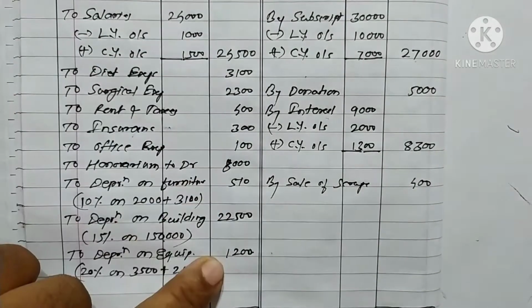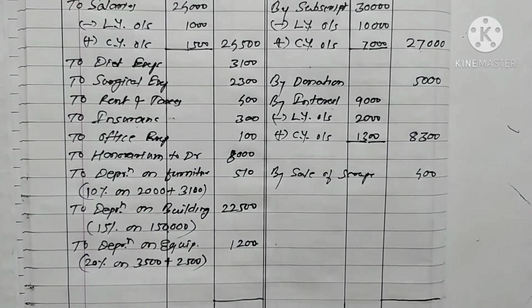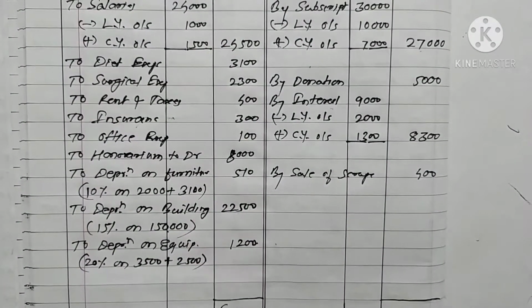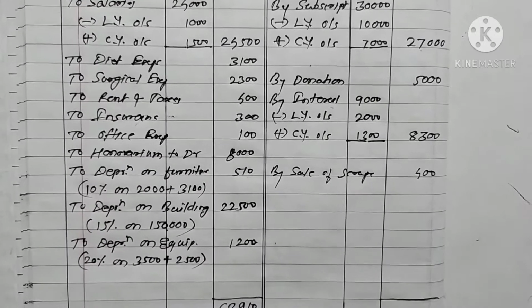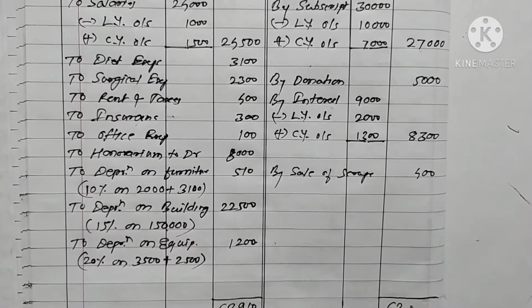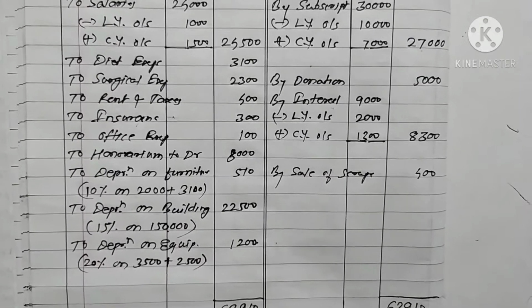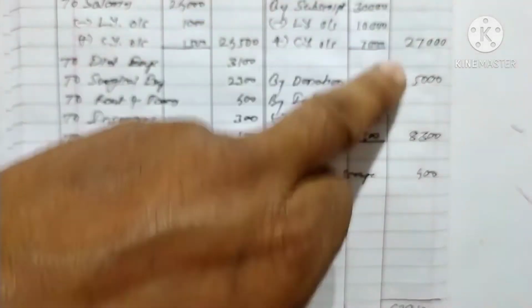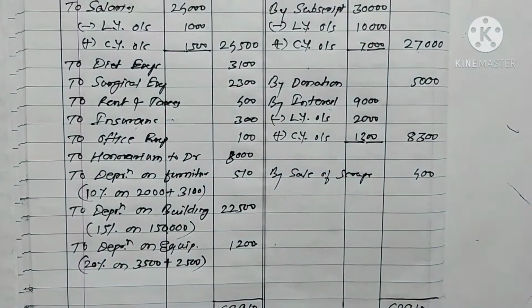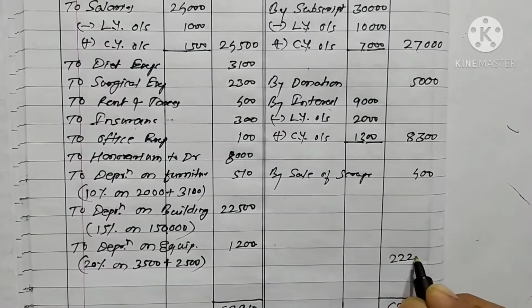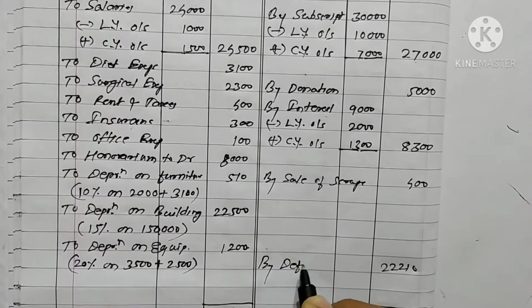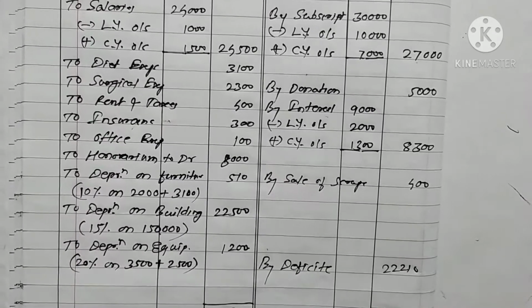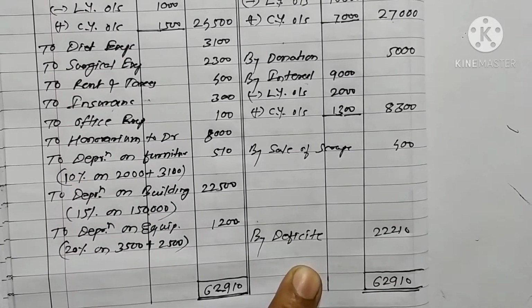First we have to make the total of debit side. It comes rupees 62,910. Write on credit side also 62,910. From this total we have to subtract all of these figures and answer comes 22,210. It's a deficit. It is to be deducted from capital fund.